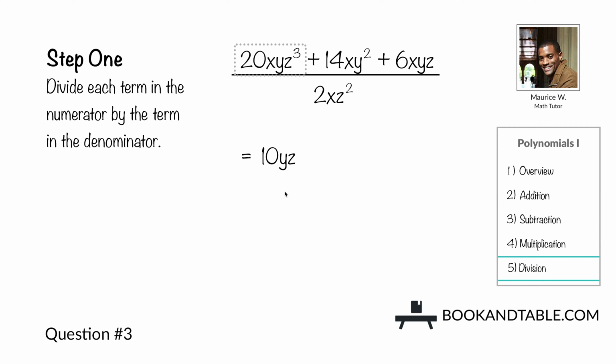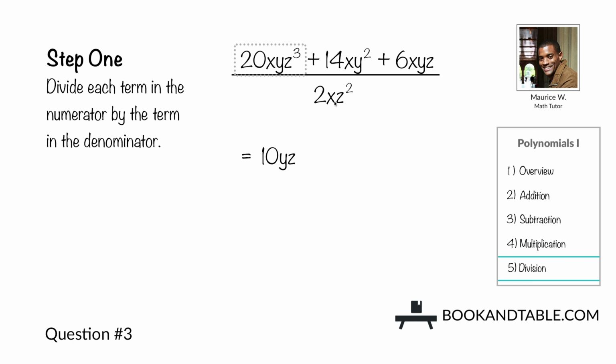In question number 3, 20xyz cubed plus 14xy squared plus 6xyz divided by 2xz squared. Step 1, divide each term in the numerator by the term in the denominator, giving us 20 divided by 2, which is 10. X divided by x is 1, so let's cancel each other out.